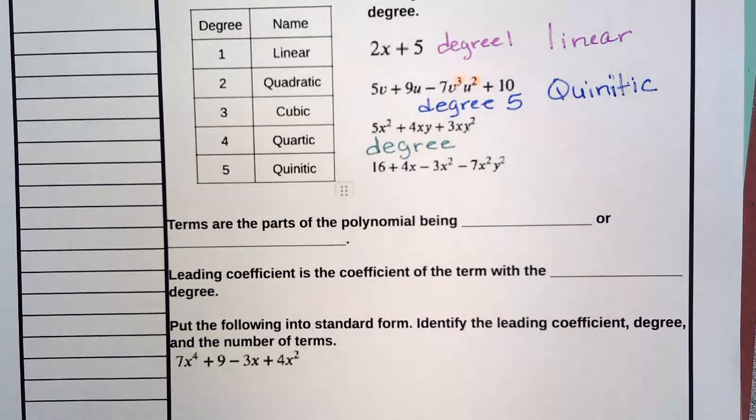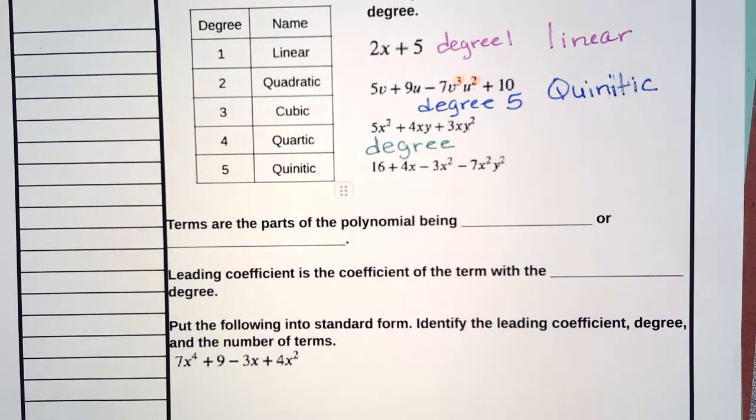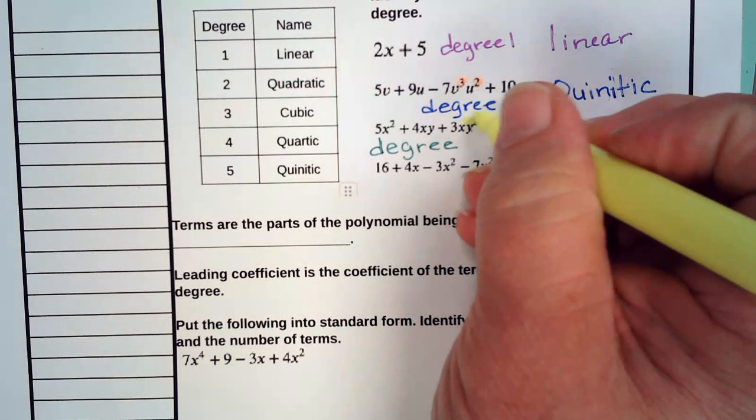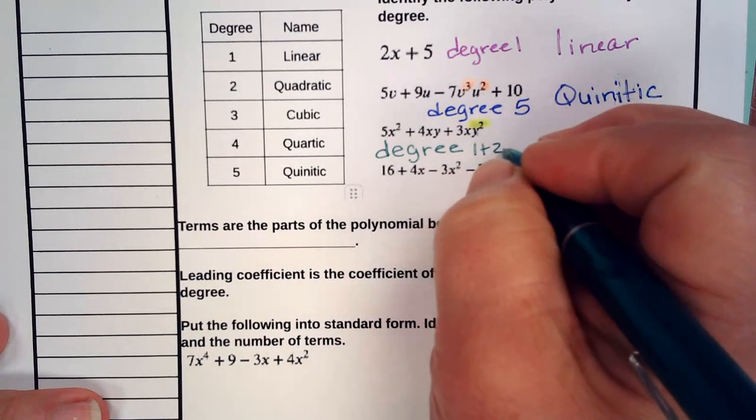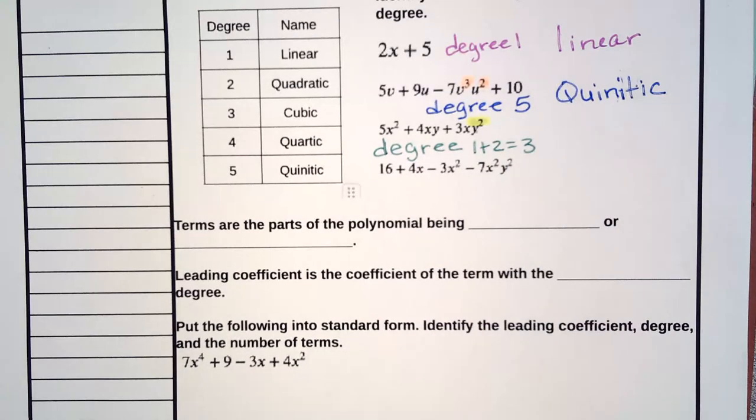I've got 1 plus 1 here would be 2. But if I go to the last one, I've got 1 plus 2, which gives me 3. What do we call a polynomial to the third degree? We call it a cubic.